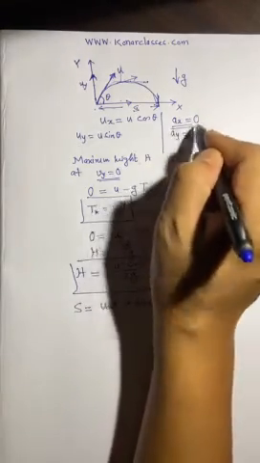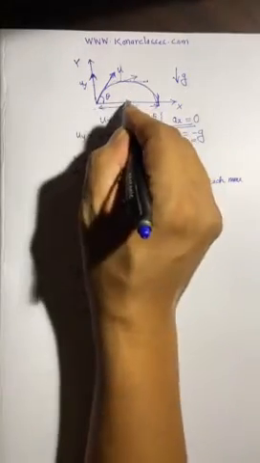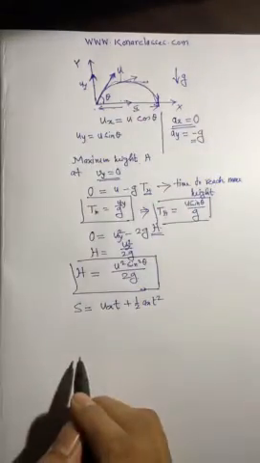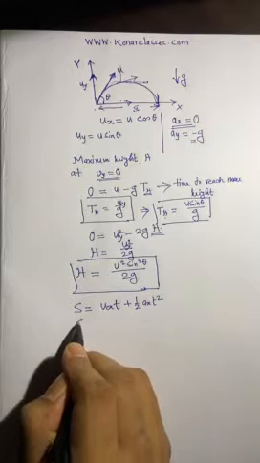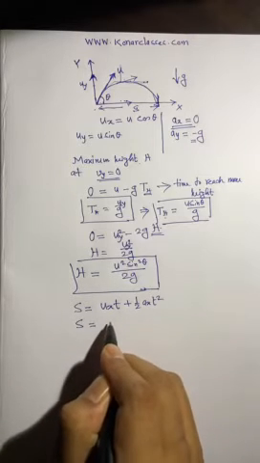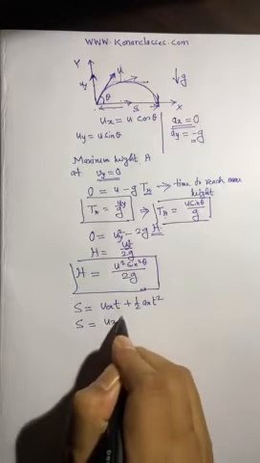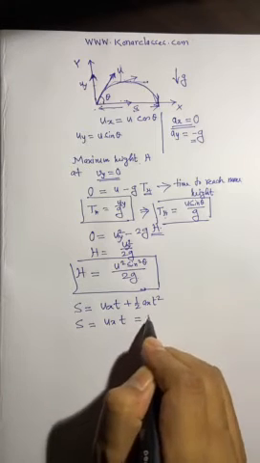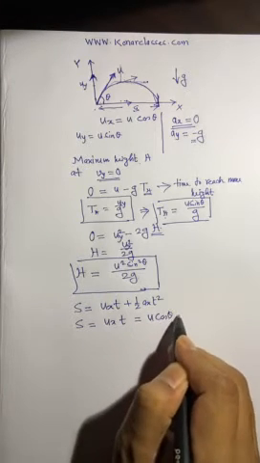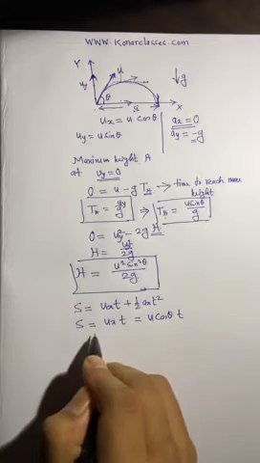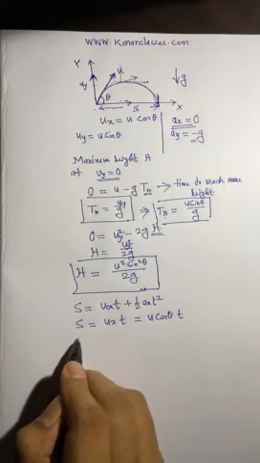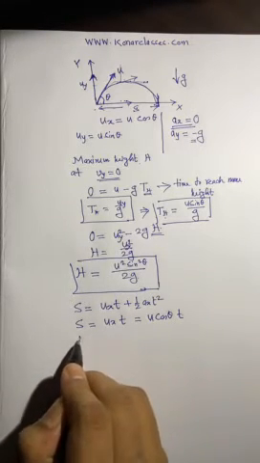Ax equals 0, we know that, because there is no acceleration along the x-axis. So the maximum distance s will be ux into t, which is u cos theta into t.